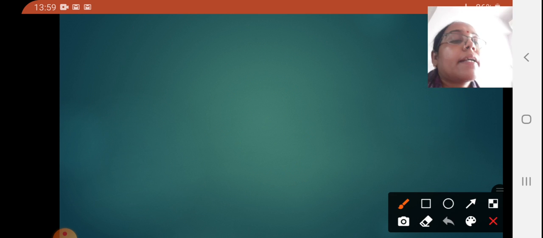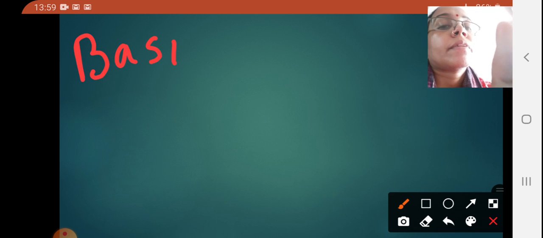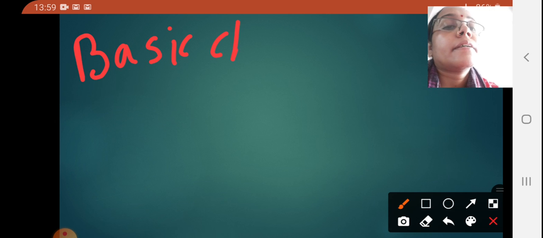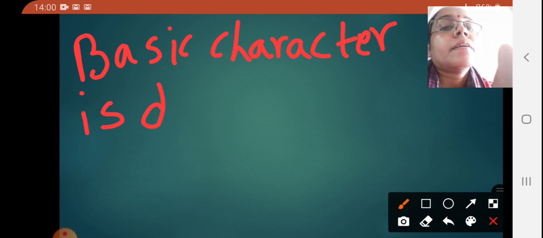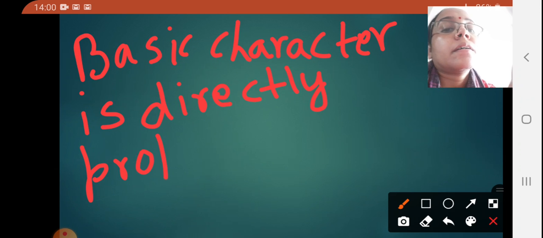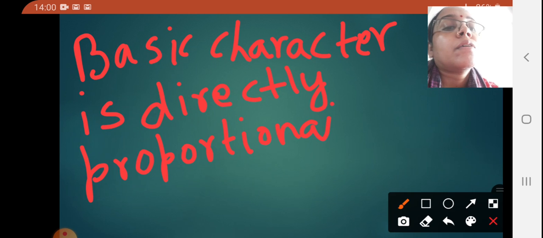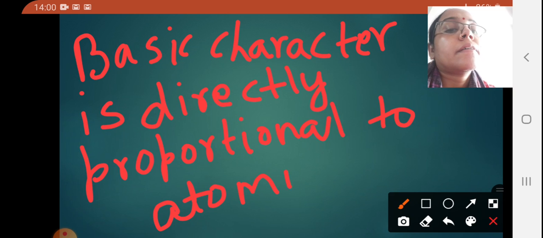And one more point we can write here: basic character is directly proportional to atomic size.